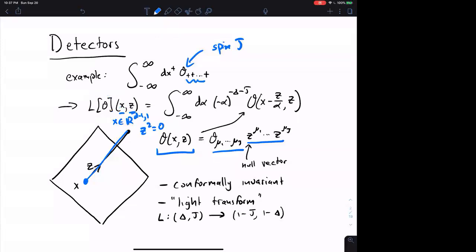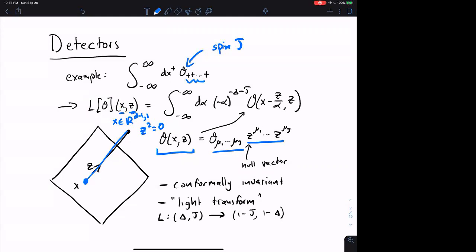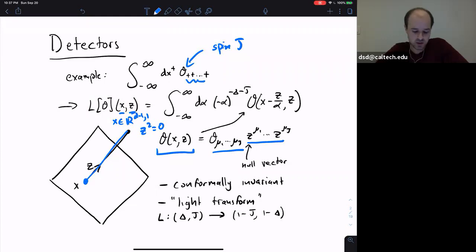Sorry, is your integral from 0 to infinity or minus infinity to infinity? The integral is over a conformally invariant contour, and that contour starts at x, and it ends at the point in the next Poincare patch with the same Minkowski coordinate as x.